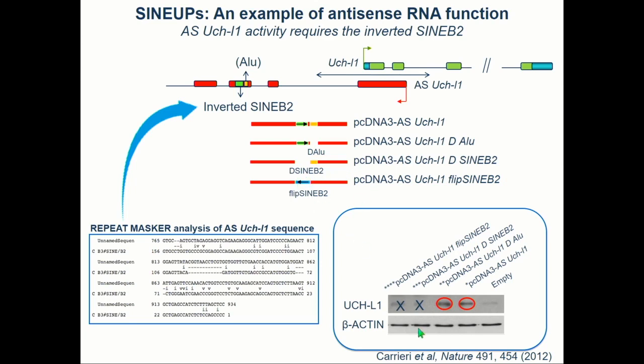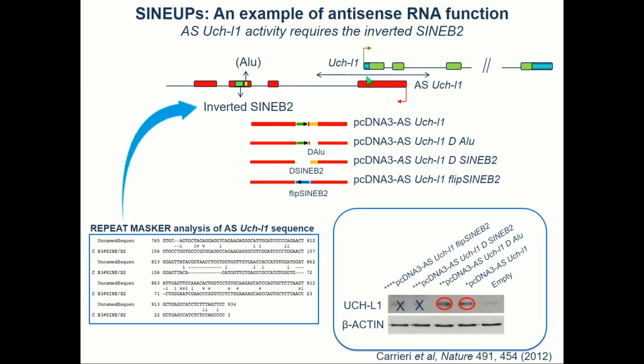Only when we inverted or deleted the SINE B2 element, we saw that our beneficial effect to induce protein translation disappeared, suggesting that the SINE element in the non-overlapping region was mediating somehow enhancement of translation.